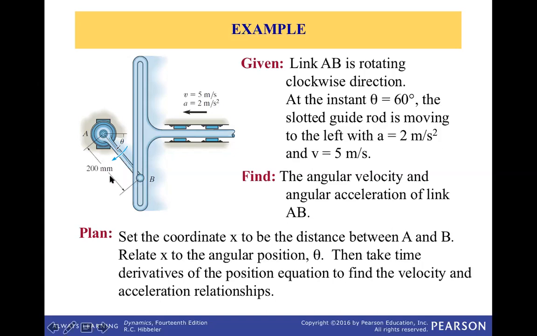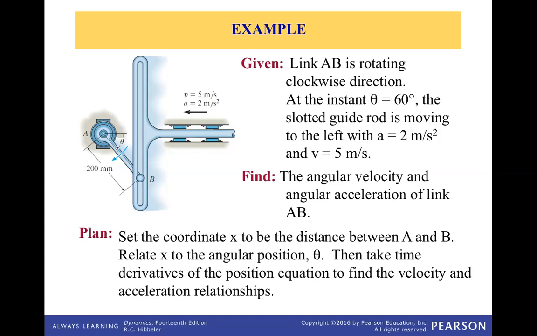Then you relate x to the angular position theta, and take the first and second time derivatives. You can relate the velocity of point B to the angular velocity, and with the second time derivative, relate the acceleration of point B to the angular acceleration.